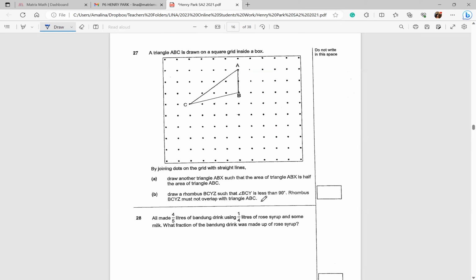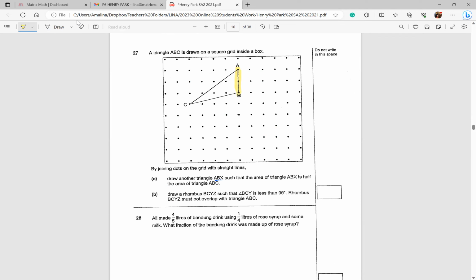Okay, so I want to draw the triangle ABX over here, but how do I draw that? So I look at this, I realize that these two triangles, ABX and this triangle ABC, they share the same side, which is my AB. Correct, which means I must use this as my base for my triangle ABX.